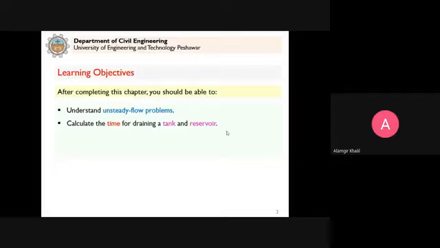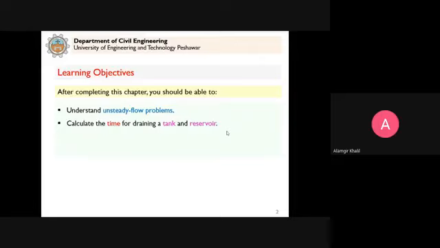Similarly, you should be able to calculate the time for draining or emptying a tank and reservoir. This is also an unsteady flow problem, one type of unsteady flow problems.